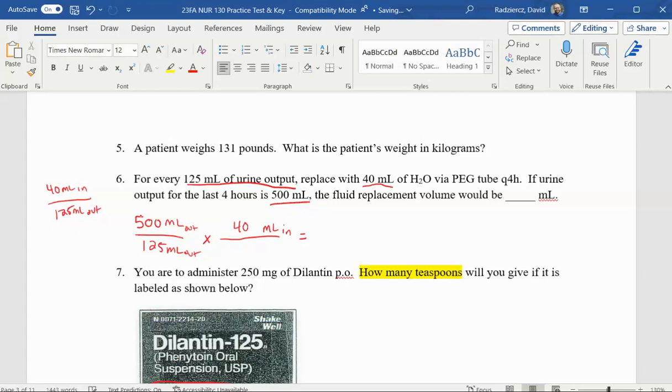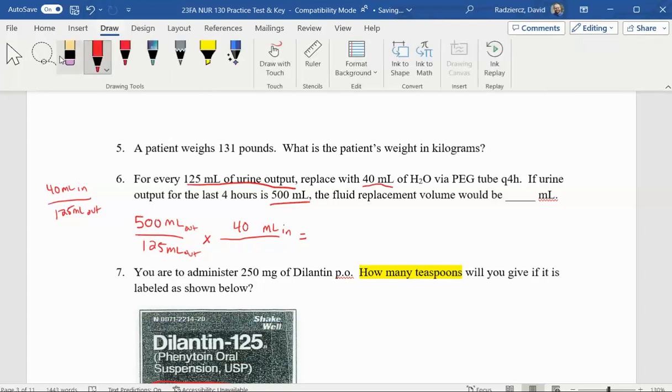So that's my conversion factor, the in versus the out. And if I'm doing this in a true dimensional analysis setup, then technically I'd want to say the 40 milliliters in, and that's where I would put the 125 milliliters out.